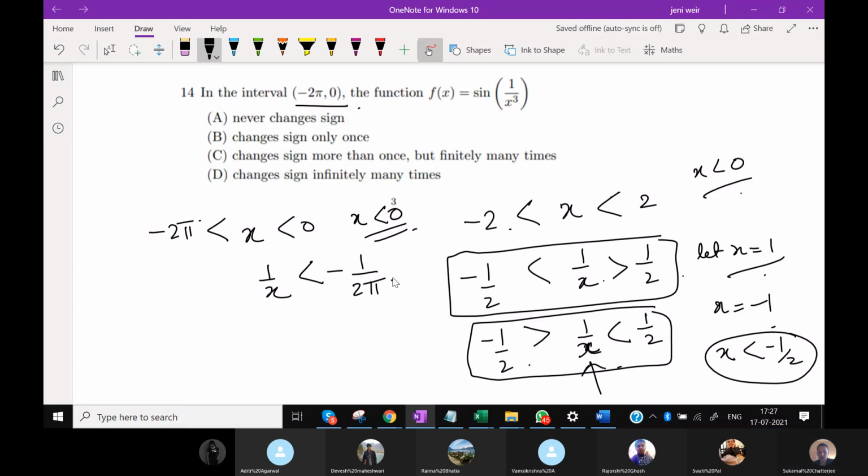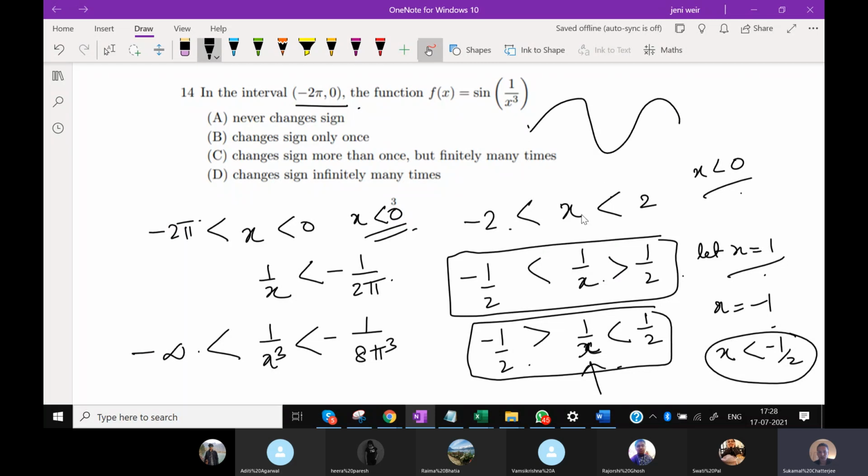Okay. So therefore, 1 by x cube has to be less than minus 1 by 8 pi cube. That means 1 by x cube will be greater than negative infinity and less than minus 1 by 8 pi cube, which means sine of 1 by x cube can change signs infinite times, because sine is going to go like this.